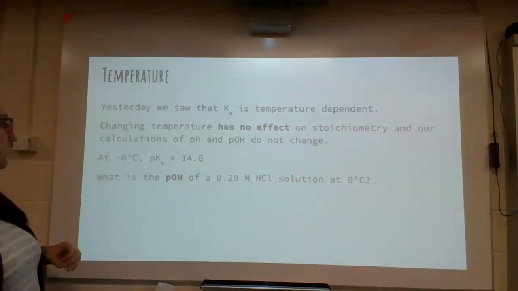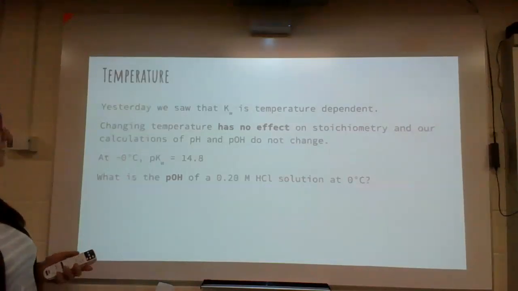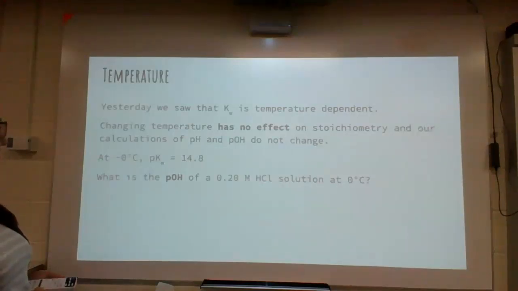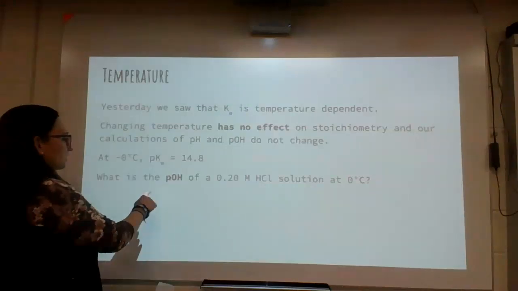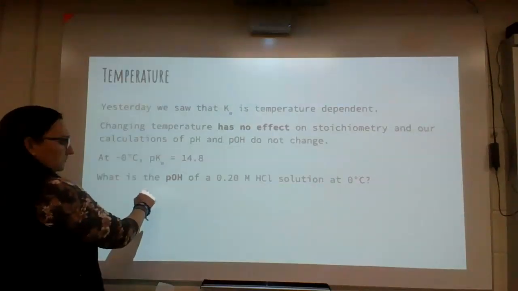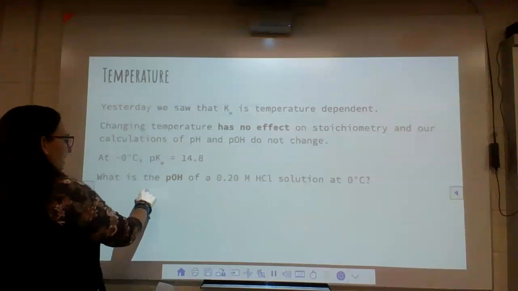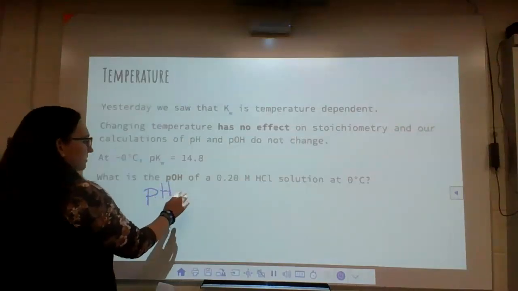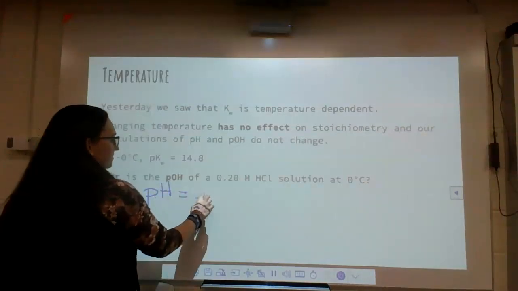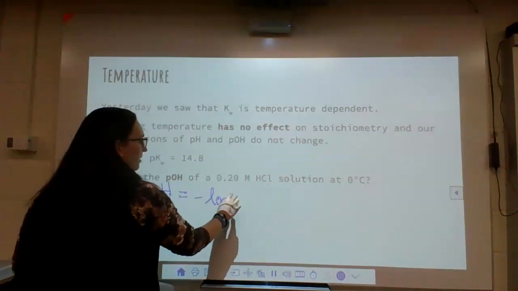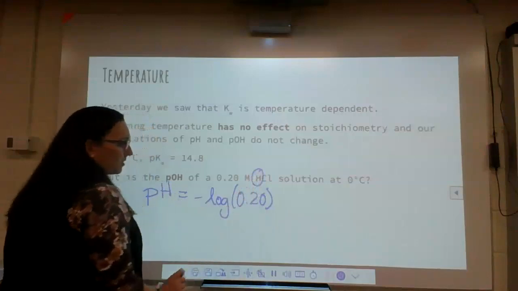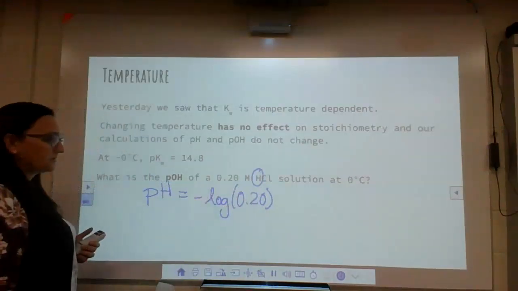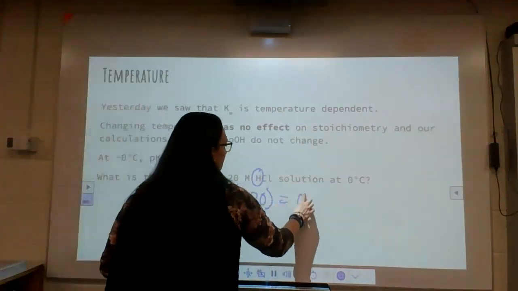So this example asks what is the pOH of a 0.2 molar hydrochloric solution at 0 degrees Celsius. So pOH is going to be equal to, I have to find the pH first. So pH is equal to the negative log of 0.20 because it's monoprotic, so I could use the concentration of the solution. And so this will be 0.7.